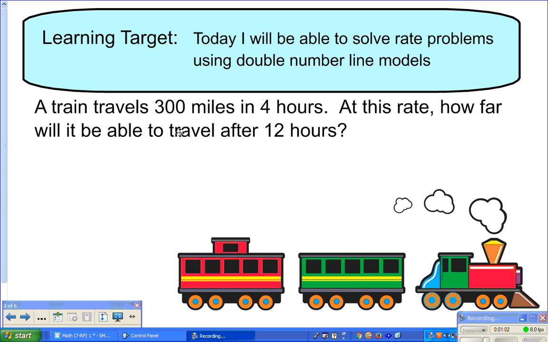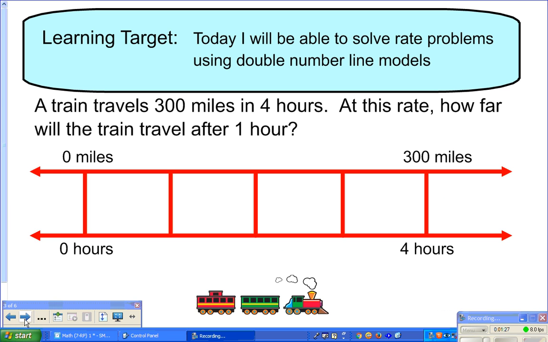In this case, it would be miles per hour, miles traveled in 1 hour. Once we figure out that distance per hour, we could multiply by 12 to find out how far it would travel in 12 hours. Or we could look at these 4-hour units and see how many of those would fit into 12 hours, how many miles in 4 hours, and how many 4-hour units we have in 12 hours.